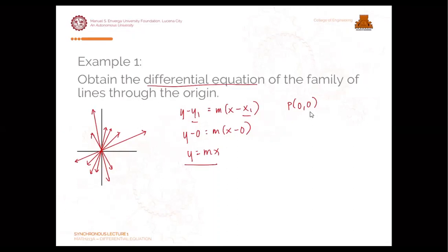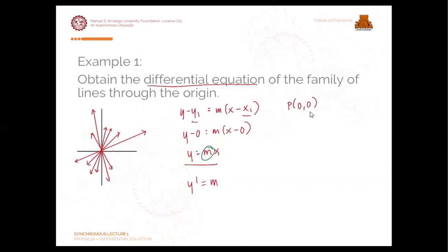So, dito natin i-apply yung elimination ng arbitrary constant. So, kailangan eliminate natin yung arbitrary constant na dito sa given solution o equation natin is yung m siya. Okay? So, kunin natin. So, 1 AC. So, isang derivative lang. So, we have y prime is equals to m. Okay?